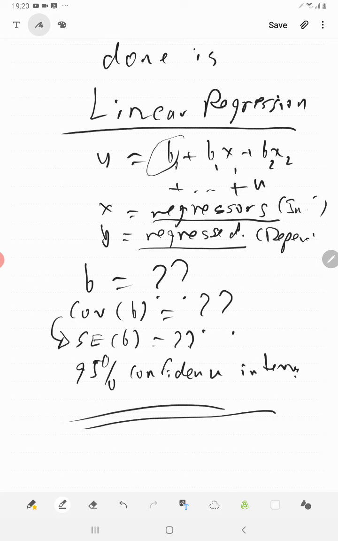We use this least mean square error, okay? And this is the way we calculate the coefficients and their significance. When we say statistical significance, we mean what is the covariance, what is the standard error, what is the 95% confidence interval, and so on.